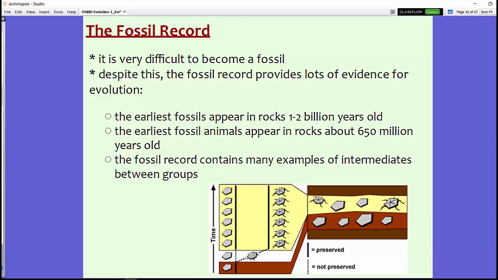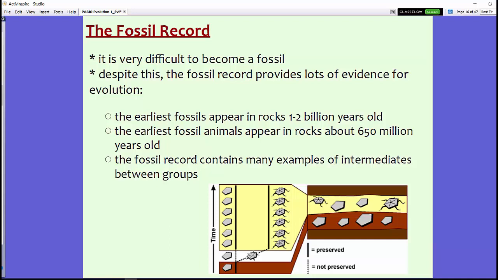That's another story for another time, how to create fossils, but we've lost a lot previous to about 1 to 2 billion years ago. The earliest fossil animals appear in rocks about 650 million years ago.